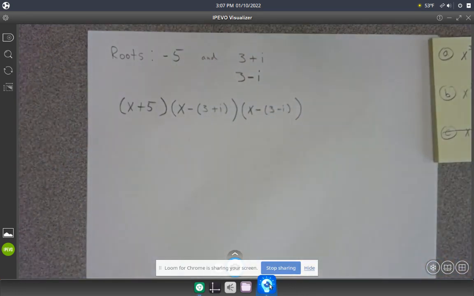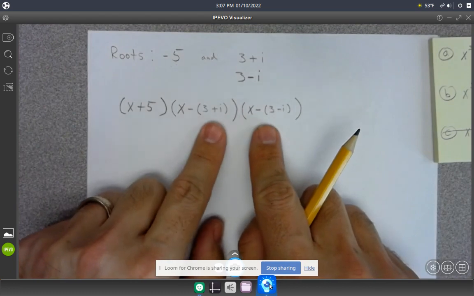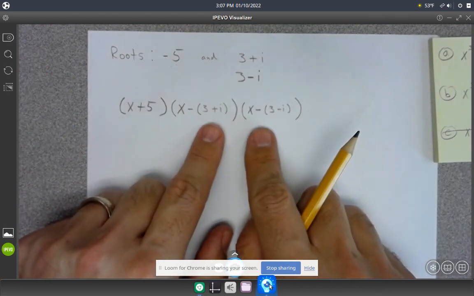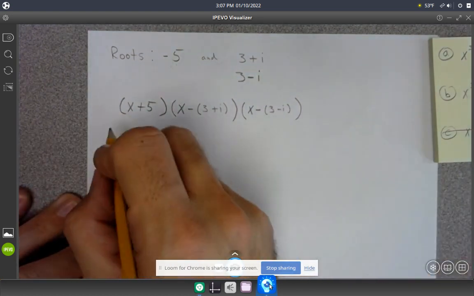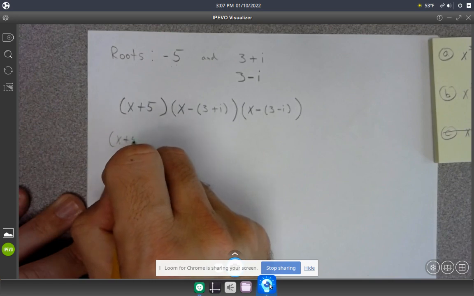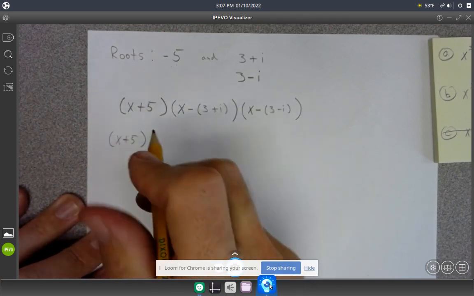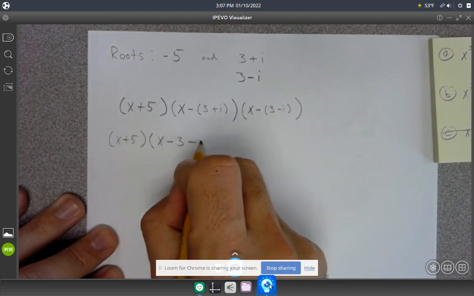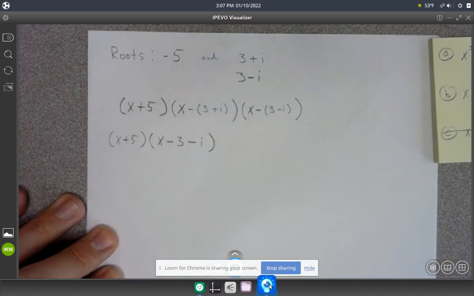Okay. The way I suggest multiplying this all out is to multiply these two things, because when you multiply conjugates, all the imaginary stuff should go away, right? So I'm going to focus on these two first, x plus 5 later. The first thing I'm going to do is distribute my little negative on the inside. That's going to become x minus 3 minus i, because I'm distributing that negative to each one of those numbers.